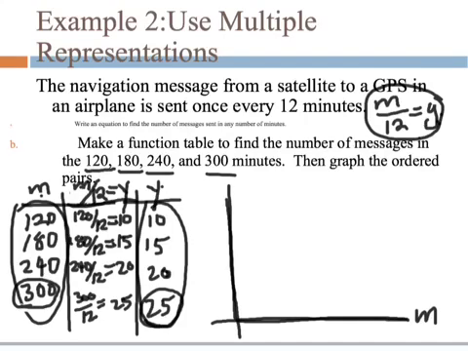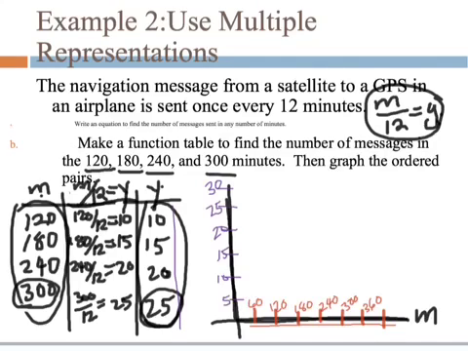So let's see if we can number this in a way that will be helpful and meaningful. As I observe the terms in the m column, I recognize that all of those numbers really seem like they're multiples of 60, and that was a convenient way for me to number that axis. Let's do the vertical axis now. You probably would have done exactly the same thing, recognizing that all these y terms are multiples of 5, so I counted by 5s up.